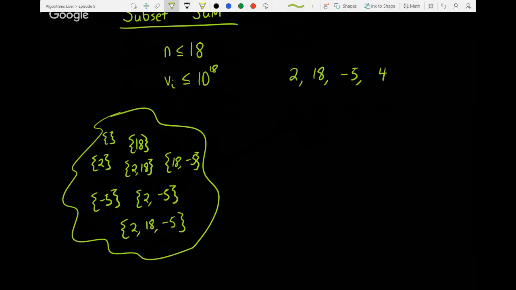Now, you could also do this with DFS. You could also run a DFS and consider for every single element, take it or not take it. So you can look at the solution bag technique as almost like the breadth first search counterpart to backtracking.